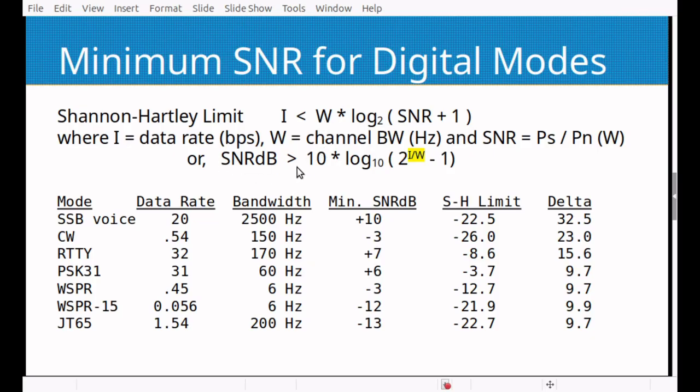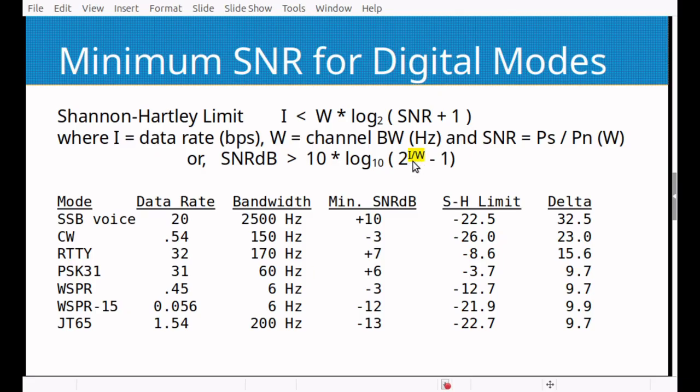And I turned that equation around and I said, okay, what is the signal-noise ratio in decibels you need for each of those modes? Now, when you do the algebra, you end up with this equation, and I've highlighted that the key to computing the signal-noise ratio minimum is 2 to the I over W. What does that mean?